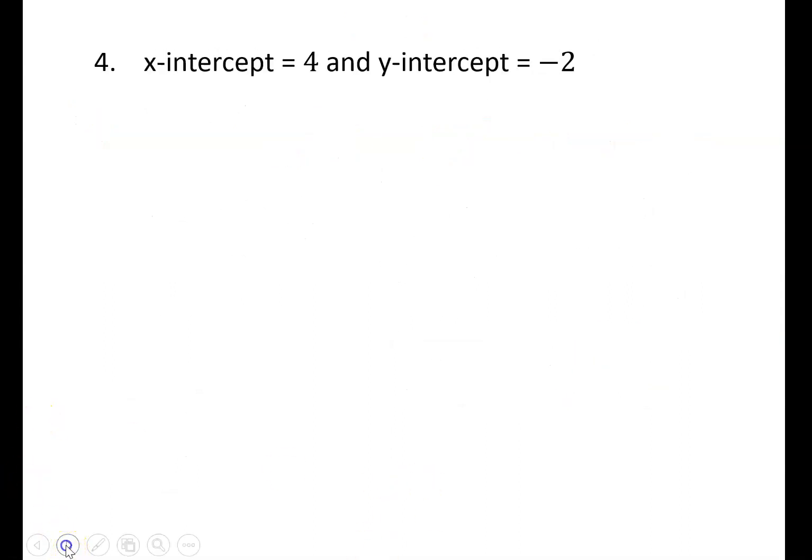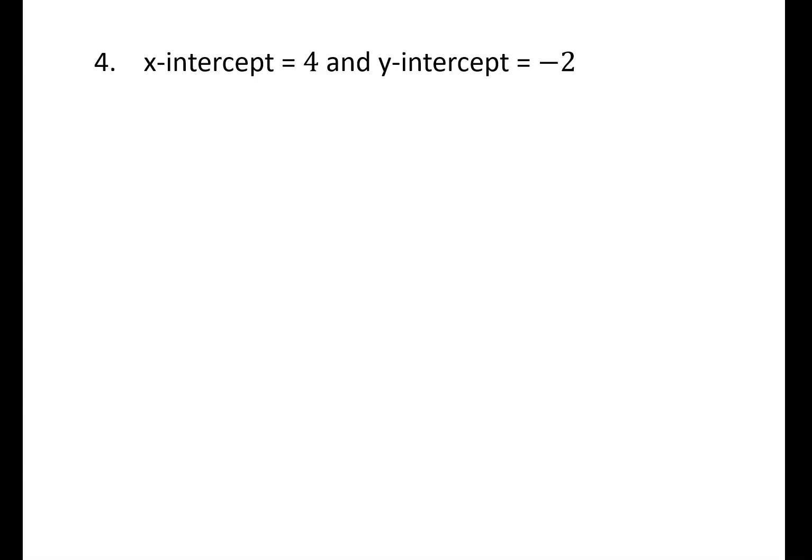All right, let's do one more example of finding the equation of the line. On this example, number 4, it says the x-intercept is 4 and the y-intercept is -2. So they are actually telling you 2 points on the line.